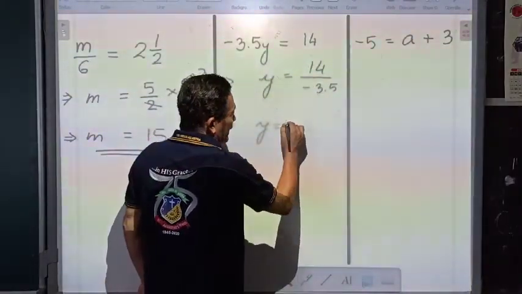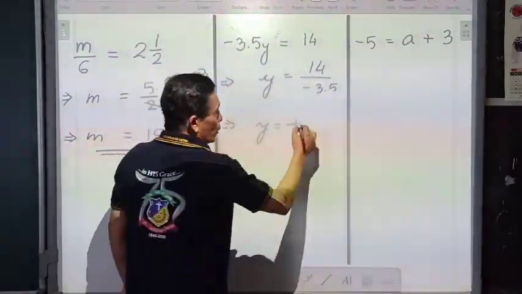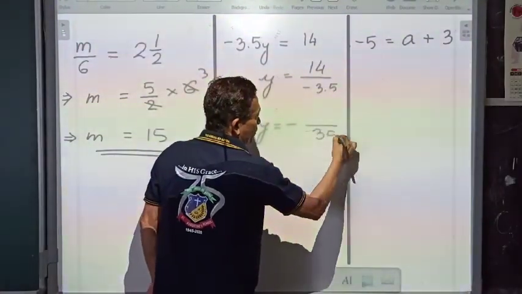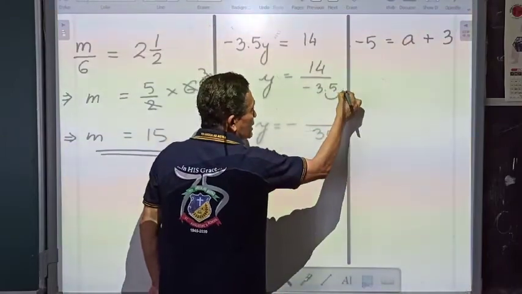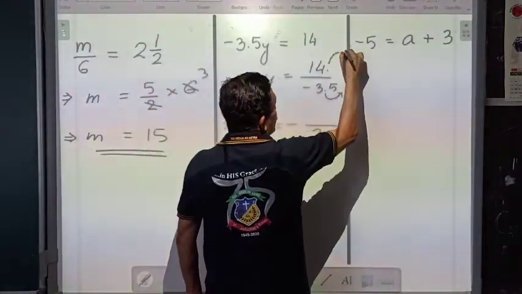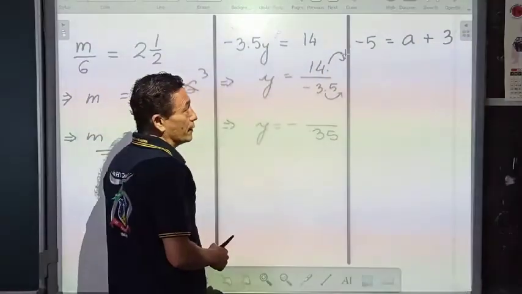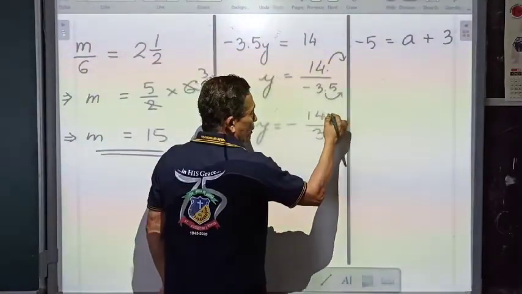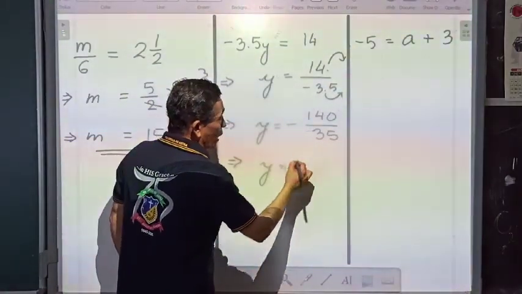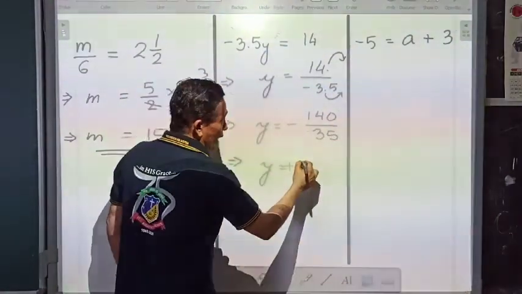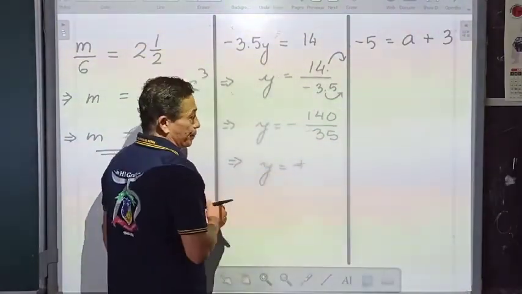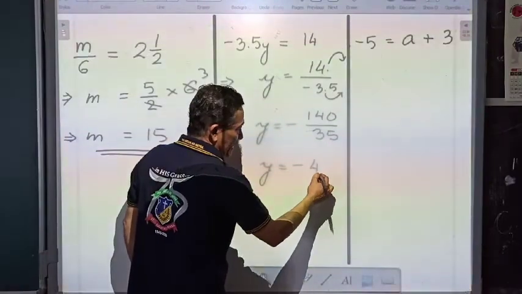Positive divided by negative will give me negative. So I'll convert this 3.5 into 35 by moving the decimal point one step to the right, which means in the numerator also it moves one step to the right. So this becomes 140, and we know that 140 divided by 35 will give us 4. But I already have a negative here. So my final answer will be negative 4.